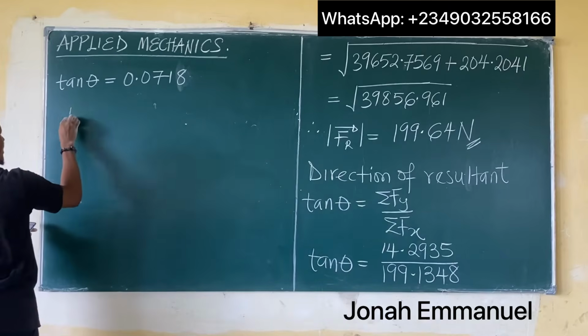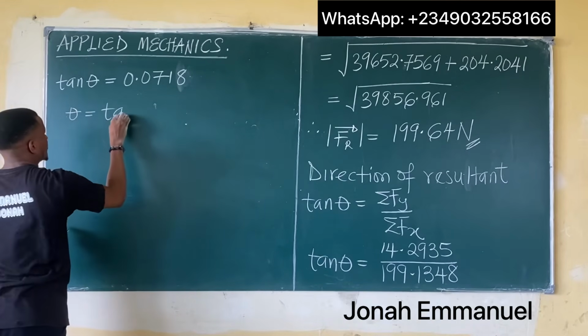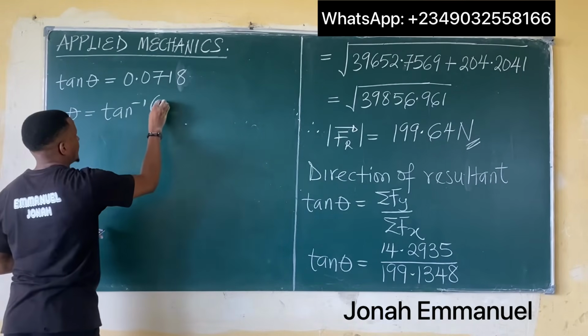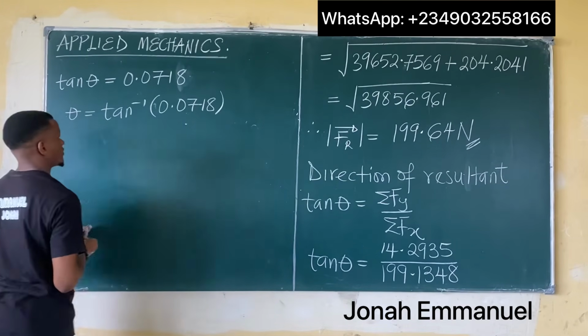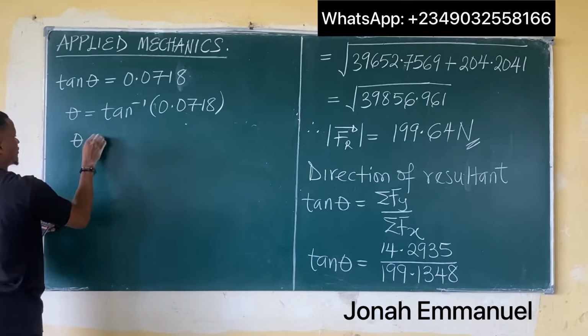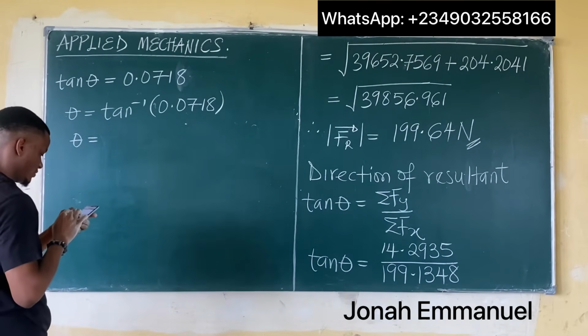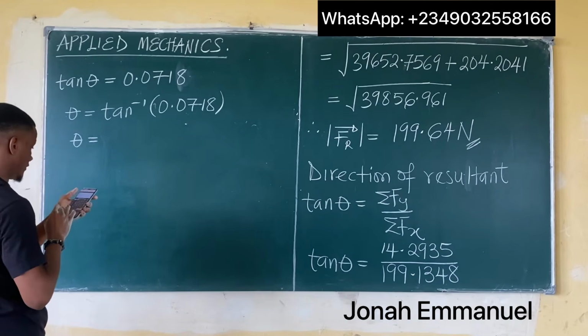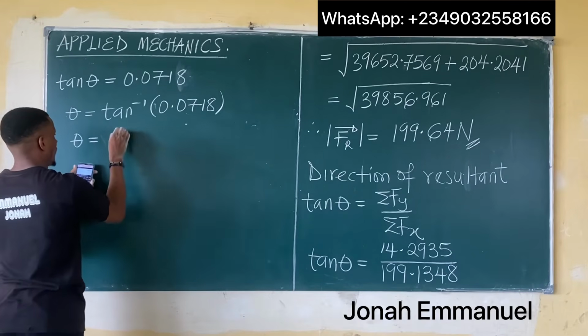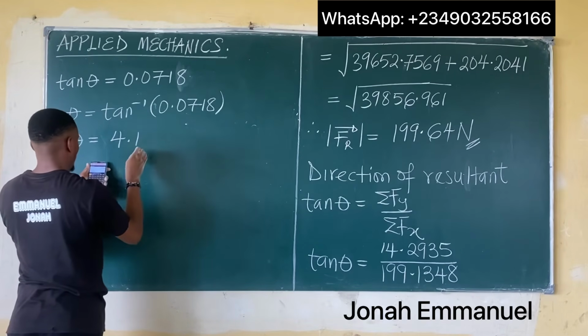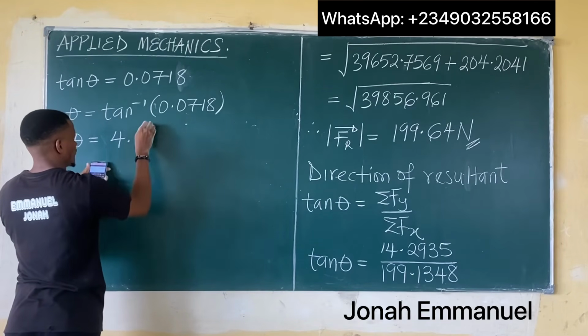So hence theta is equal to tan inverse of 0.0718. That's about 4.1 degrees.